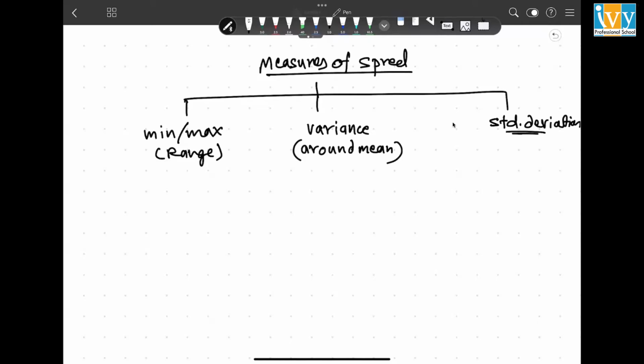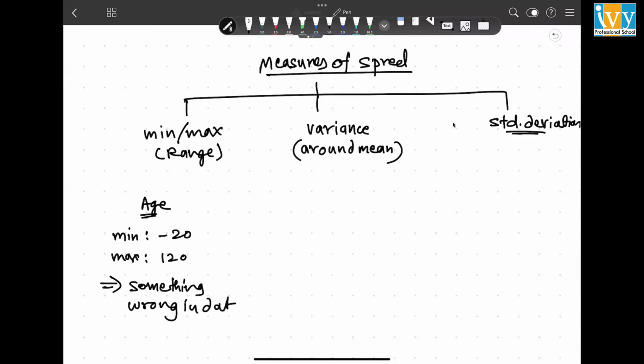For example, let's say an age column is there, and you are doing the data analysis for the age column, and you looked at the minimum and max value. So the minimum value came out to be -20, the maximum value came out to be 120. You immediately know there is something wrong in the data. How?